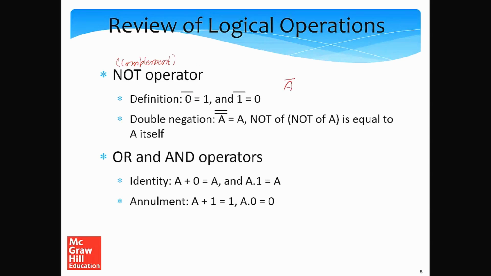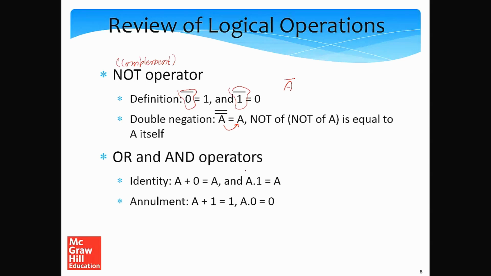So if its value is equal to 0, after a NOT, it will become 1, and NOT of 1 will become 0. One property of the NOT operator is that with a double negation, a NOT of a NOT will essentially reduce to the same variable. So NOT of NOT A is equal to A itself.